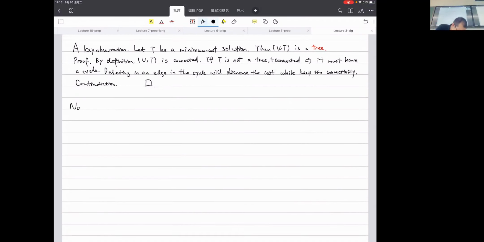So now we design an algorithm to find this for the minimum spanning tree problem.